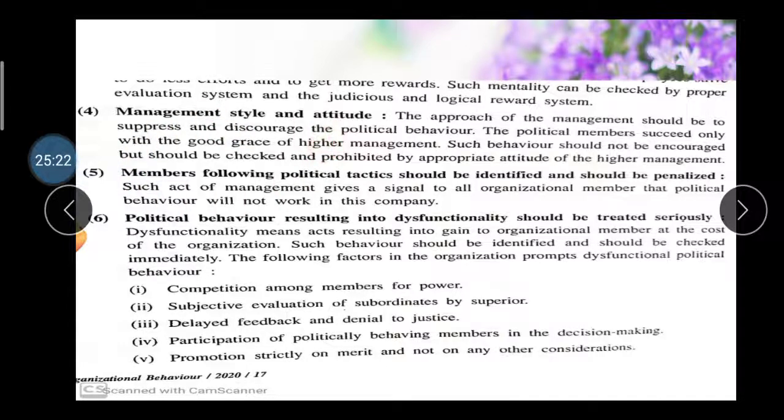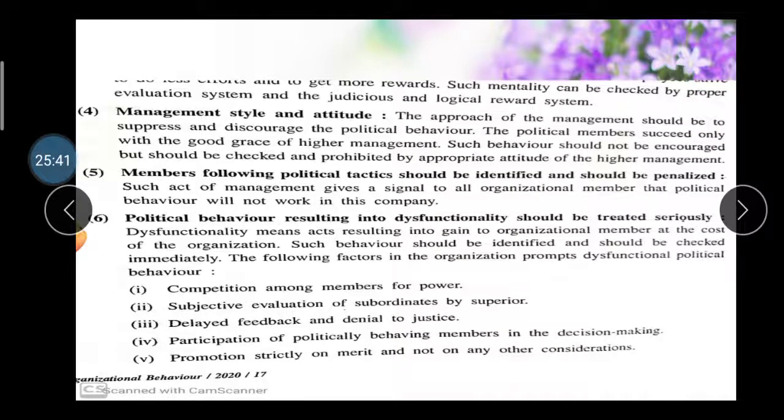Then fifth one, members following political tactics should be identified and penalized. If any person shows this type of behavior in the organization, you have to identify the person's behavior and try to remove it, and you have to penalize them and give them punishment.